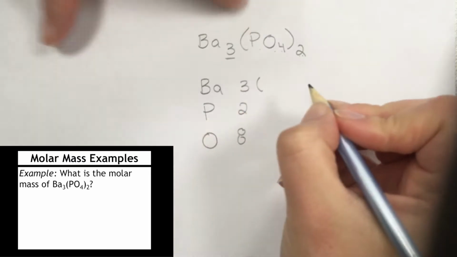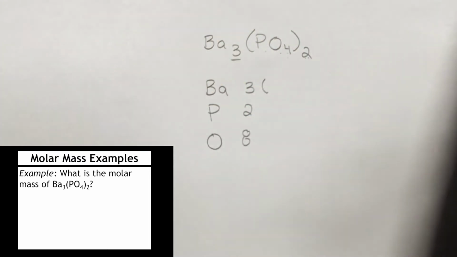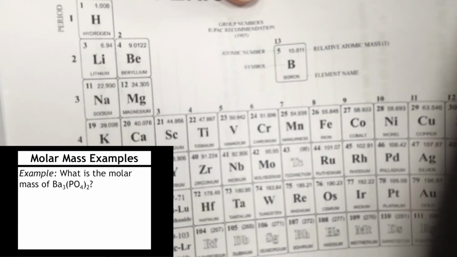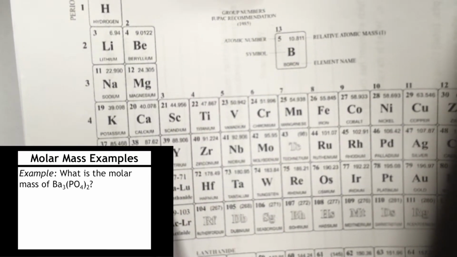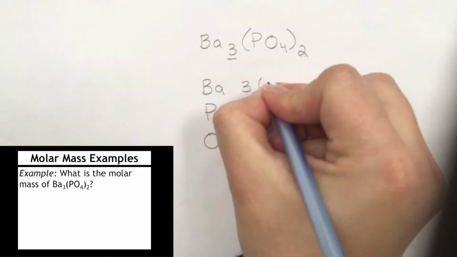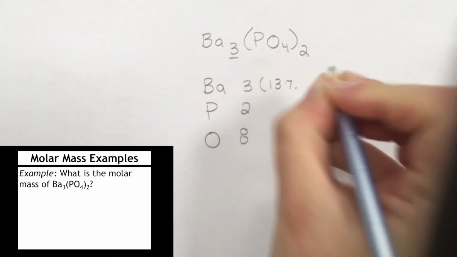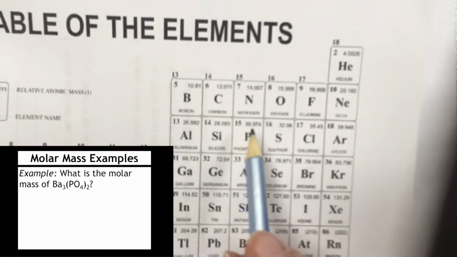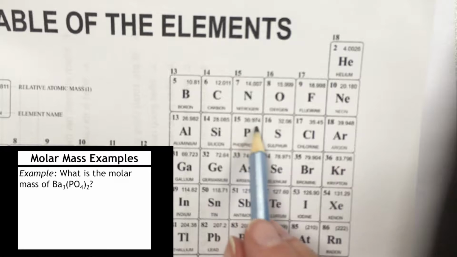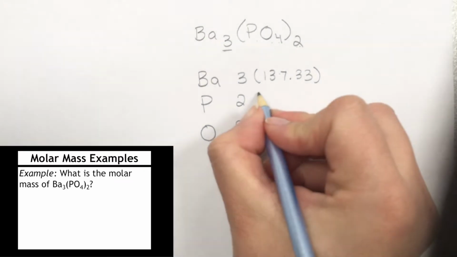So now we're going to just write down how much it weighs. So barium has a molar mass of 137.33. Phosphorus has an atomic mass of 30.974.